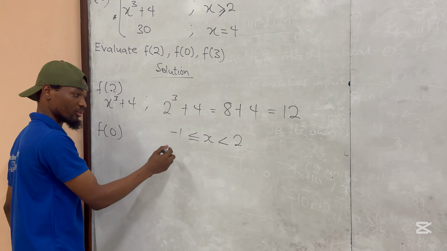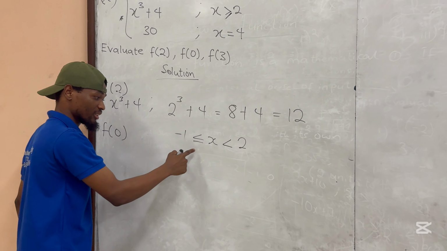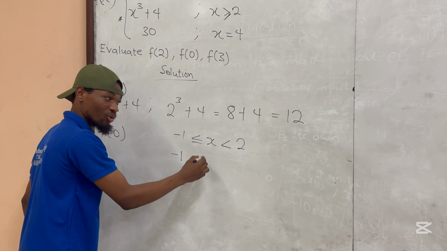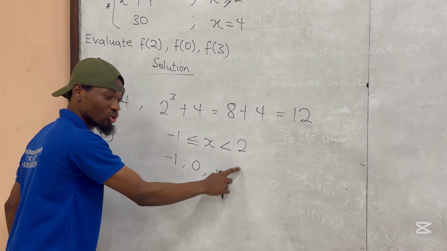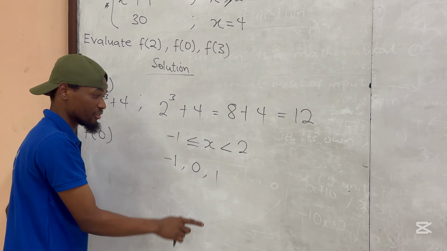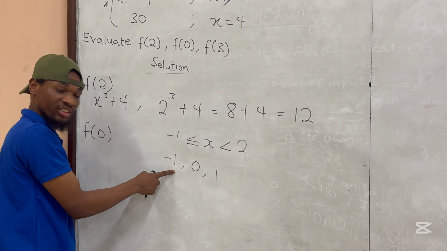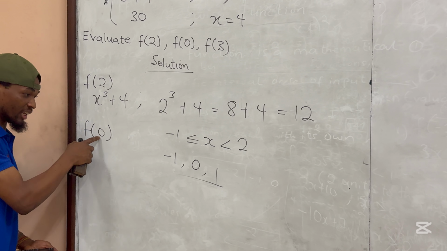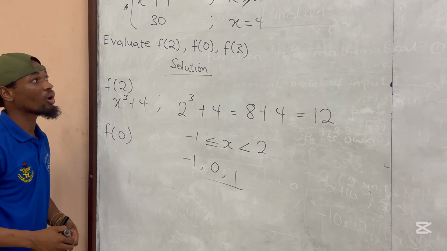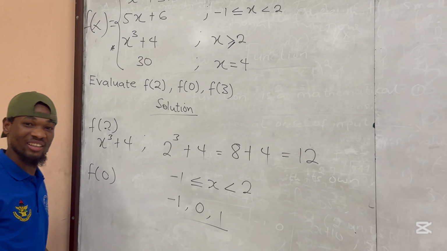So we are starting from -1, 0, then 1. We said less than 2, so 2 is not inclusive. This is less than or equal to, that means -1 is inclusive. And 0 fits into that. So I will go in for the second function.